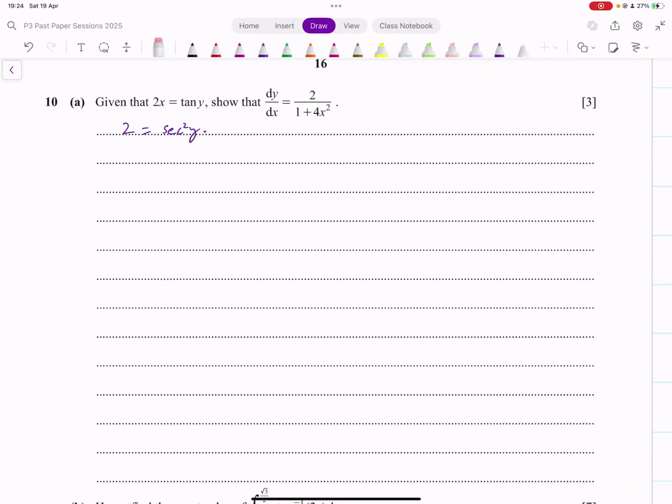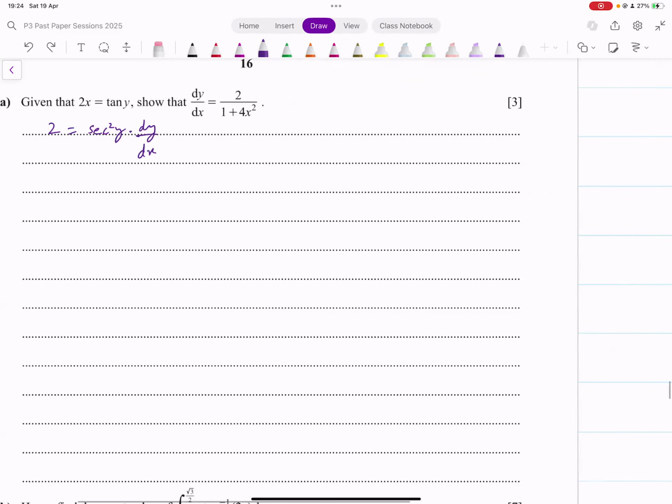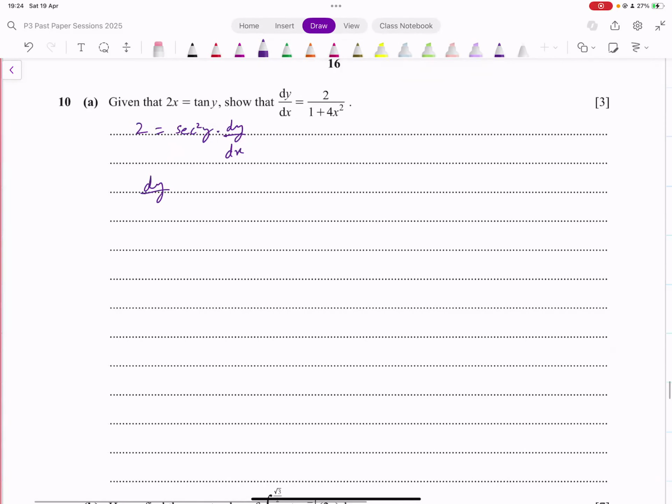And then I'll have to change that to x somehow, and that might make things a bit more complicated. An easier way of doing this would be, because you see, when you do implicit differentiation, in your final result you get something that is both in terms of x and y. So in this case, you end up getting 2 over secant square y, which is a valid dy over dx expression, but we want it in terms of x. Since we want the result in terms of x, it'll make things easier if we make y the subject in this case first.